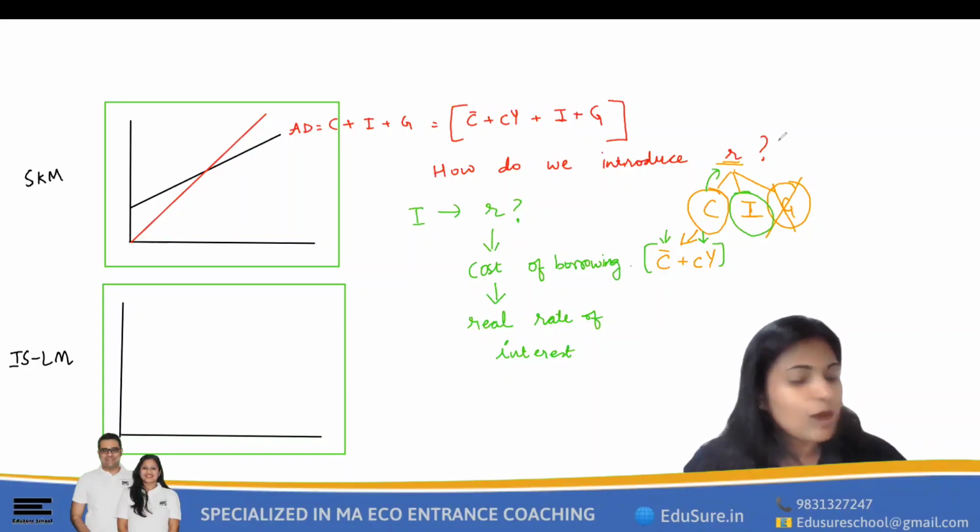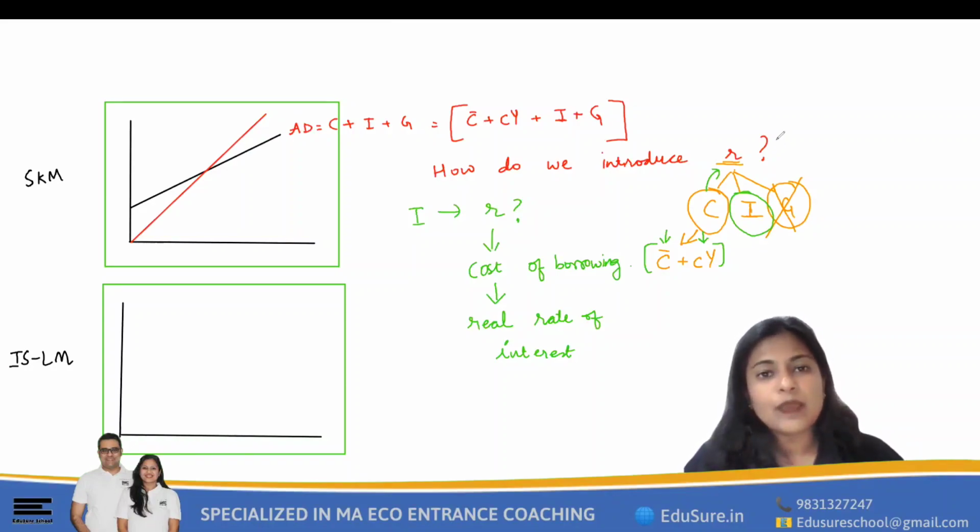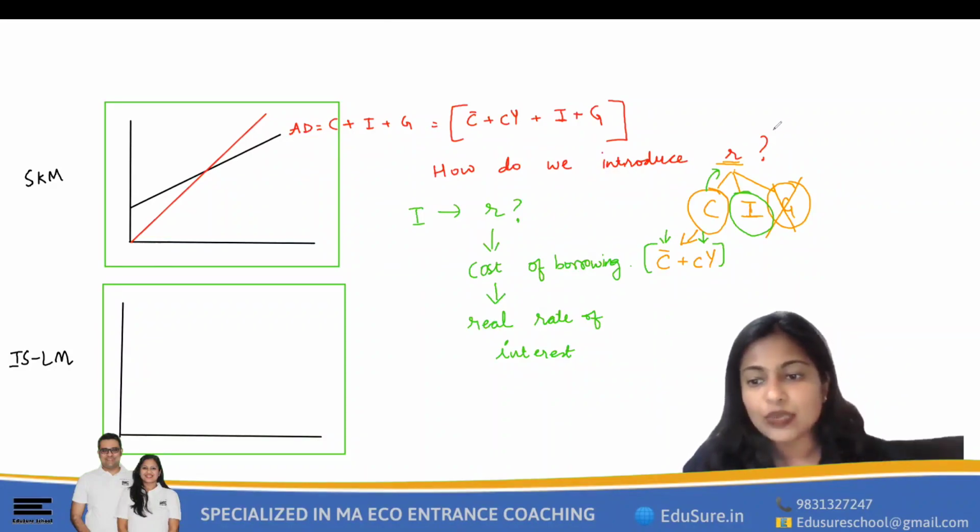One easy way to explain it is that inflation is anyways going to eat up a part of the value. So the real return is what you have to look at. What is the real return if I save or if I borrow? So the real return is the real rate of interest.